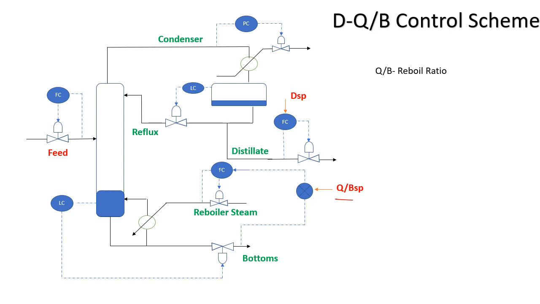Similarly, instead of D and Q by B, we can also have an L and Q by B control structure, or in the other case where it was L by D to B, we can also have L by D to Q control structure. So as you can see, there are so many different kinds of control schemes available, and based on your use case you can choose the particular control scheme that you need.